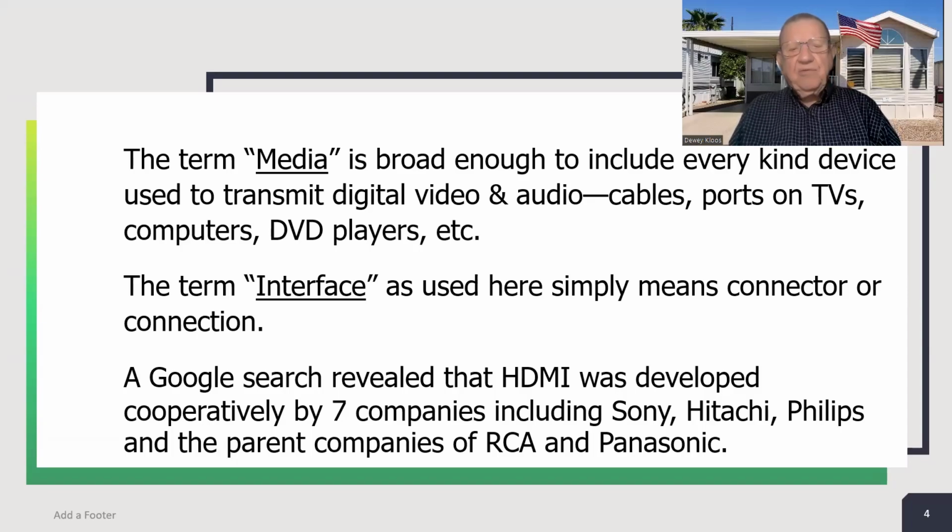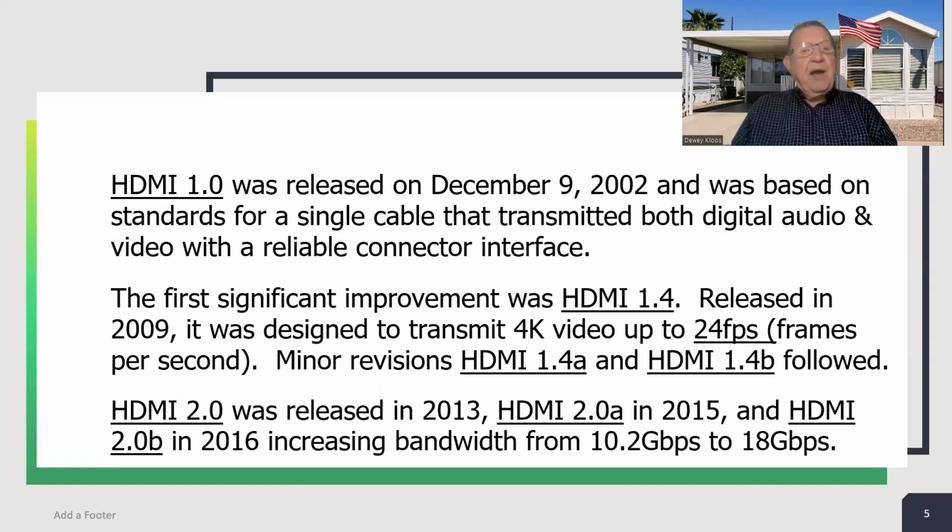A Google search revealed that HDMI was developed cooperatively by 7 companies, including Sony, Hitachi, Philips, and the parent companies of RCA and Panasonic. HDMI 1.0 was released on December 9th, 2022, and was based on standards for a single cable which would transmit both digital audio and video and had a reliable connector interface.